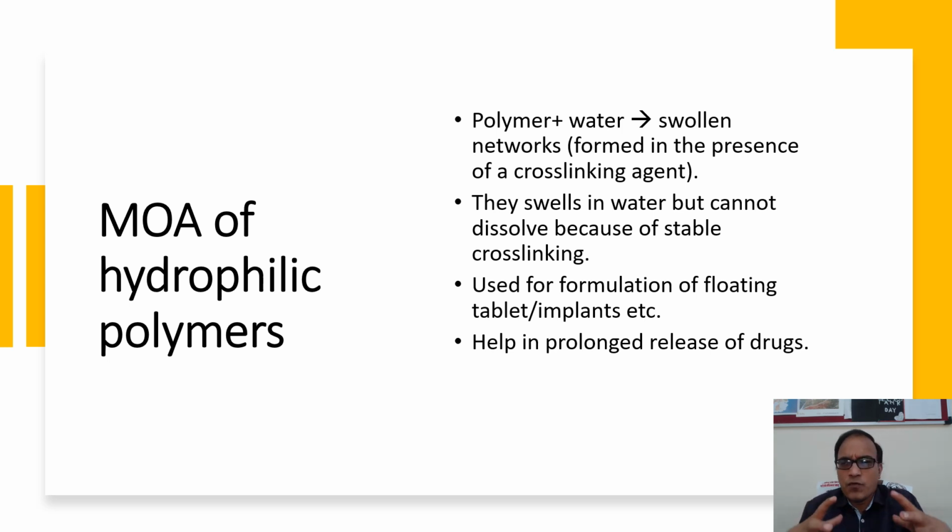They imbibe the water and swell, but they don't get dissolved. Understand? Because cross-linking is there. It is just like a sponge ball which is holding water but doesn't dissolve. It may be bigger in size in some cases, but it is not going to dissolve because it has cross-linking there.